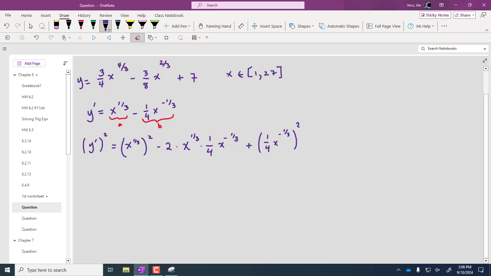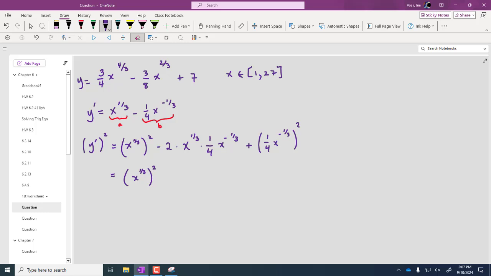So there it is written as a perfect square, a squared minus 2ab plus b squared. All we want to do is simplify the middle term at first. So we're going to leave the first term and the third term unsimplified. And if that middle term simplifies to negative 1/2, then it's a perfect square trinomial.